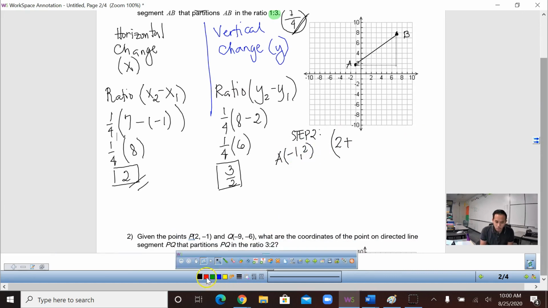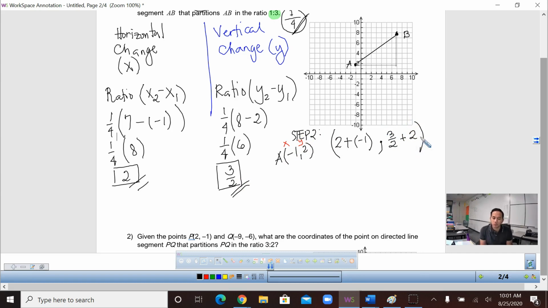All right, so this is your X on A, this is Y on A. So what I'm going to do now is the horizontal change, which is 2, plus the given X value for A, -1. Then I'll put a comma here because we are looking for a point, and then go with the vertical change, 3/2, plus the Y value on your A, which is 2.